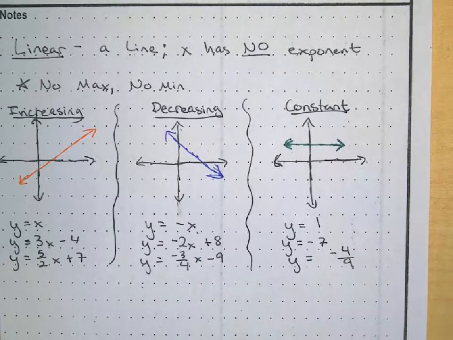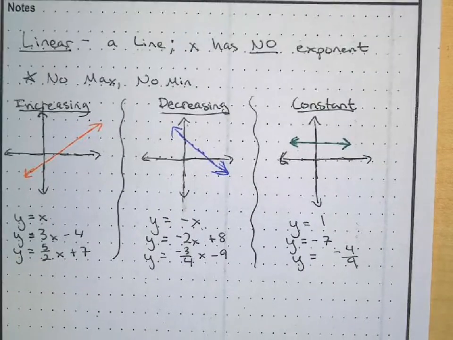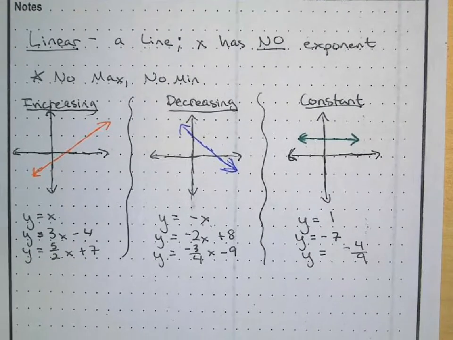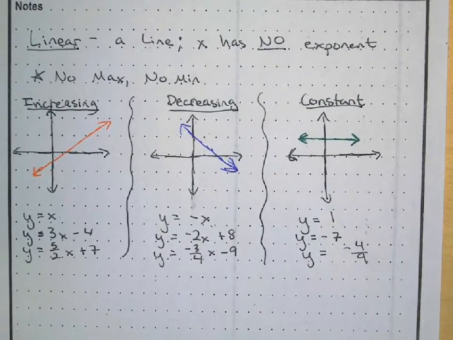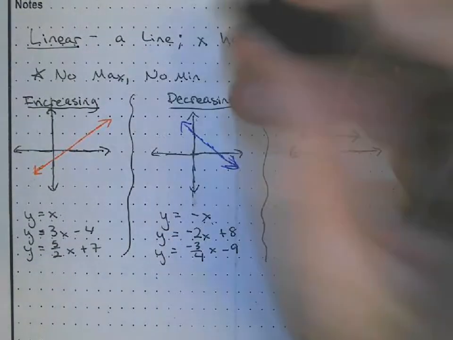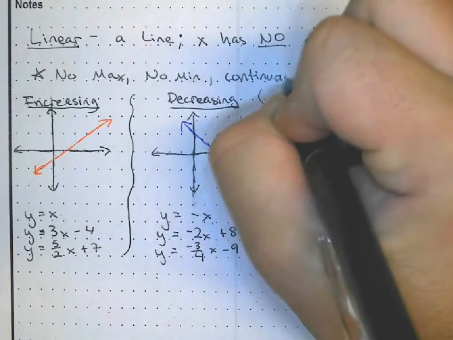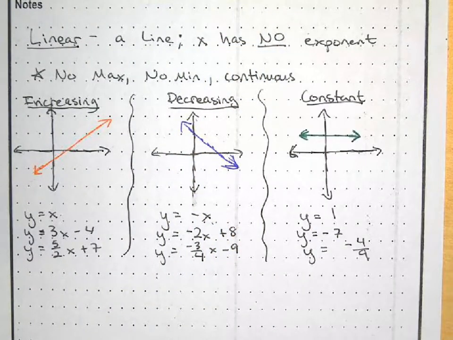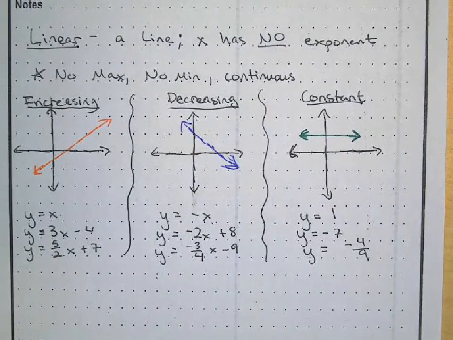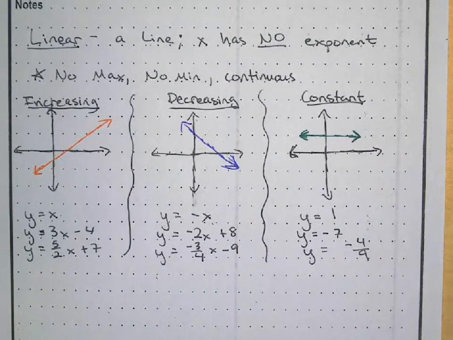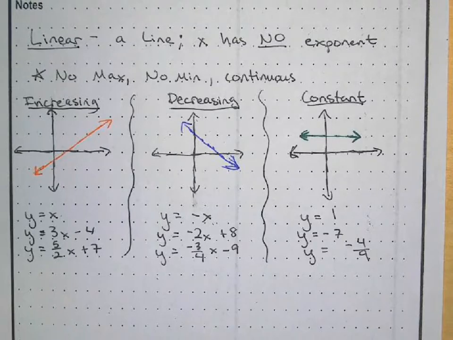So anytime you have y equaling just a number, that's going to be our constant function. One other thing I want to add is it's no max, no min, and lines are continuous. Okay, that's our linear function.